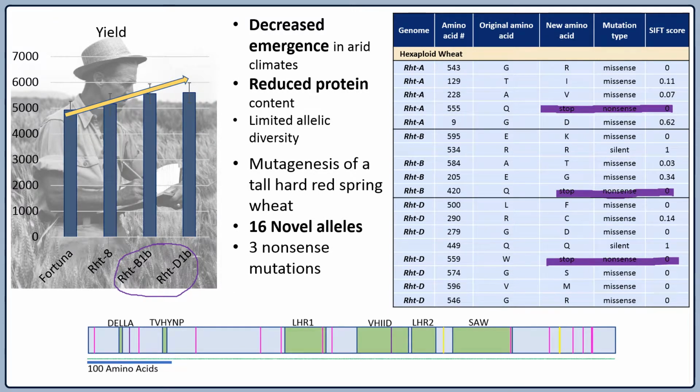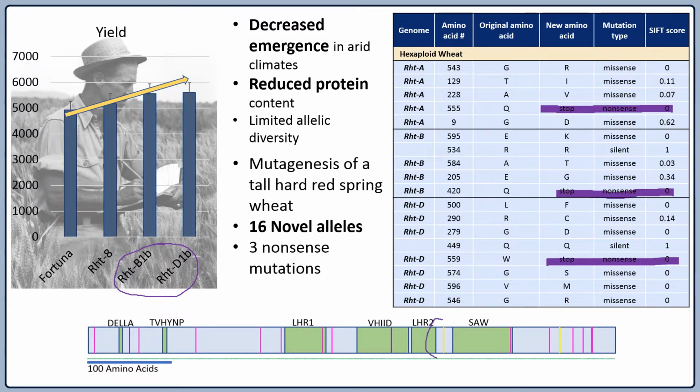The diagram on the bottom of the slide illustrates the location of the mutations within the RHT1 protein. And you can see that our mutations are spread evenly throughout the gene. The stop mutations are indicated by these yellow bars.